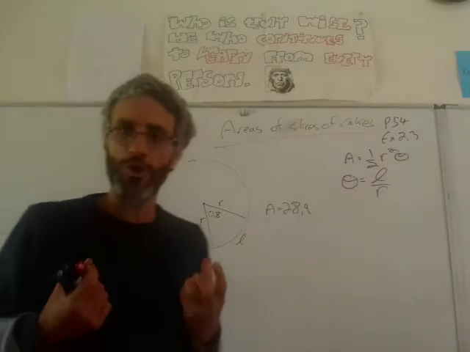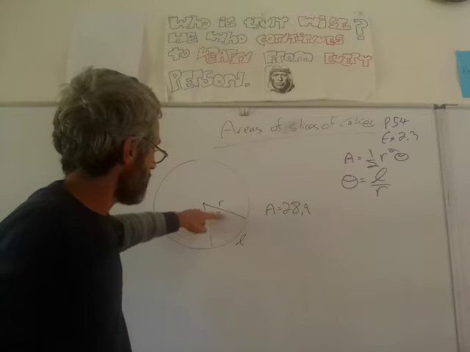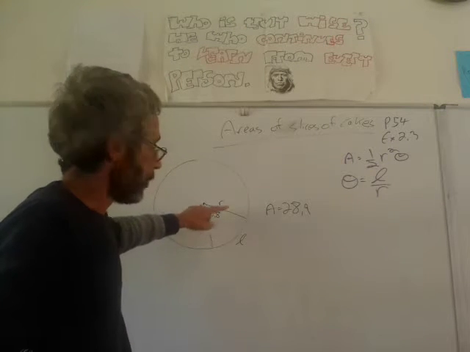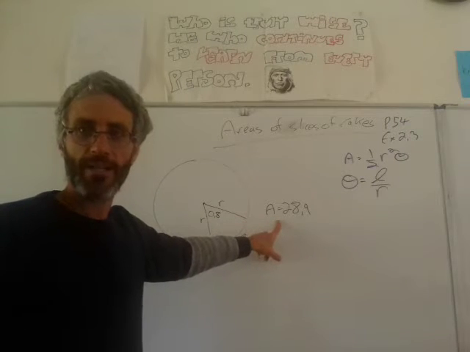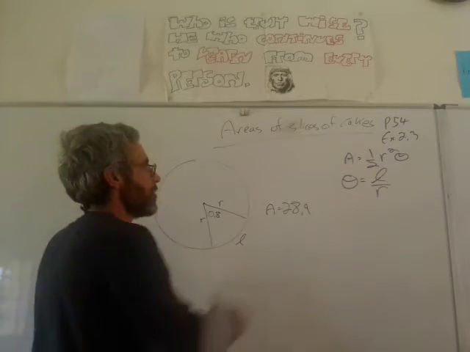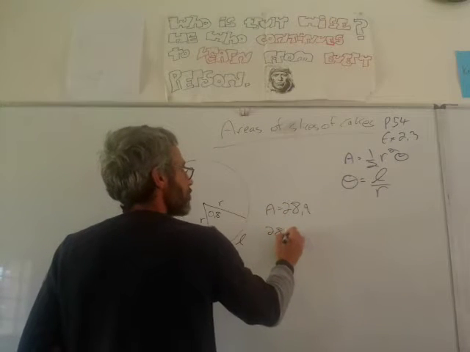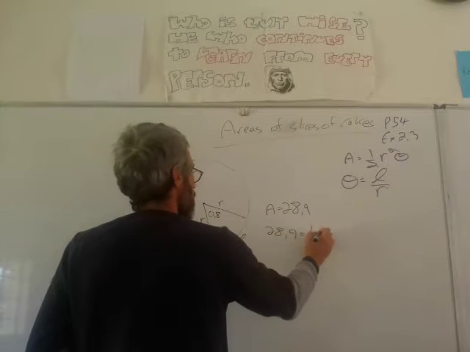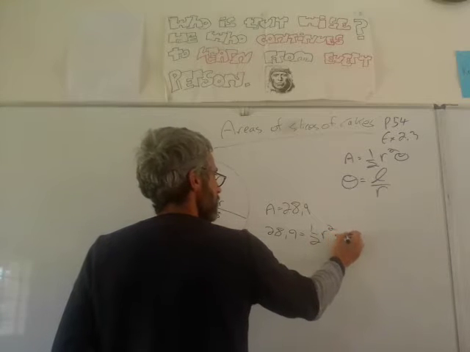Now, let's do the first very easy question. They tell us you've got an angle theta of 0.8 radians. The radius we don't know, the arc we don't know, but we know the area is 28.9. Find the radius. That's not a problem. We just substitute in this equation: 28.9 equals half times r squared times 0.8.